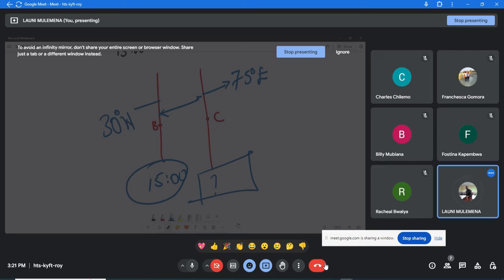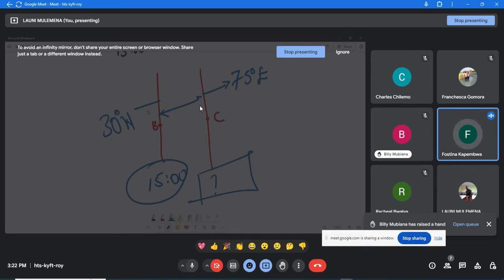Madam Faustina, what do you think? What are we supposed to do? You subtract when they are the same, and you add when they are different. Yes, you're supposed to add.